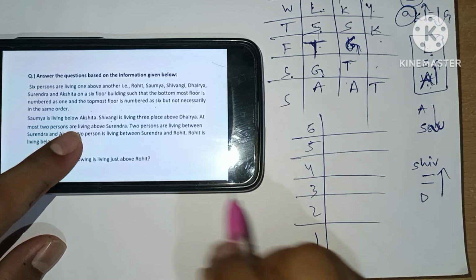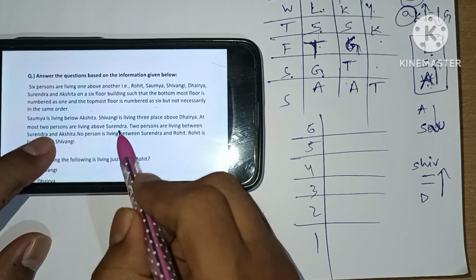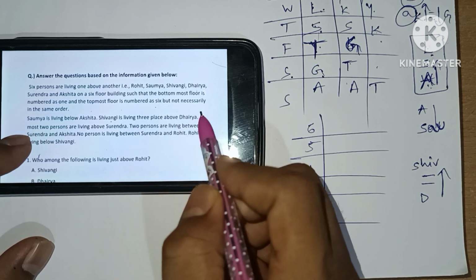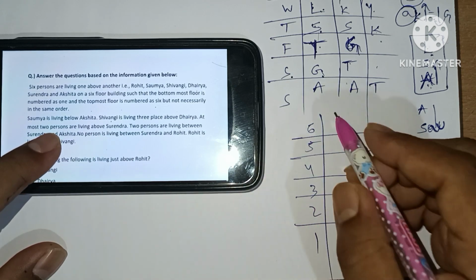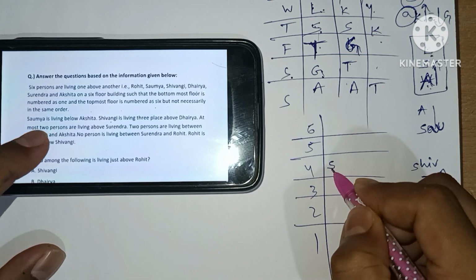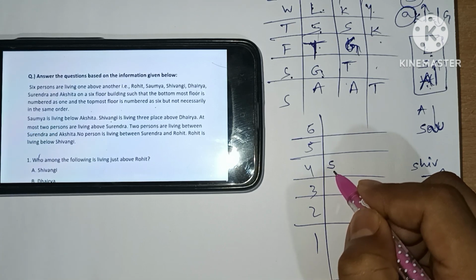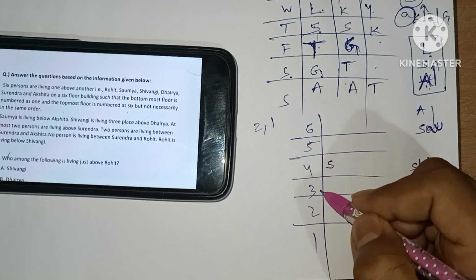This is one. At most 2 persons are living above Surendra. At most means maximum 2 persons living above Surendra, which means only 2 or 1 person is living above Surendra.